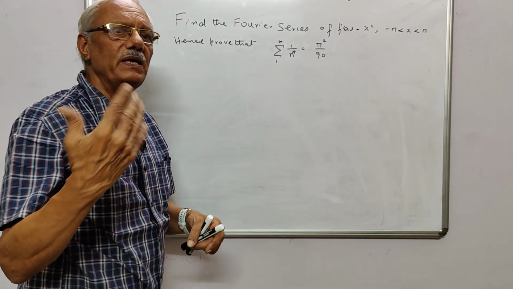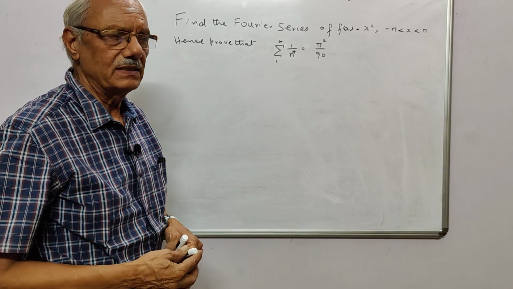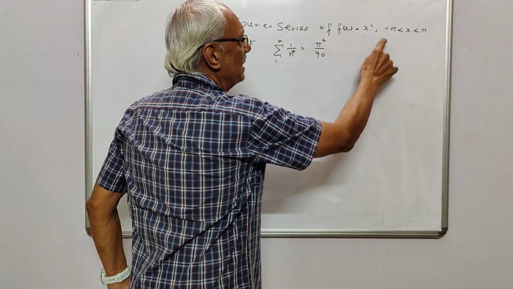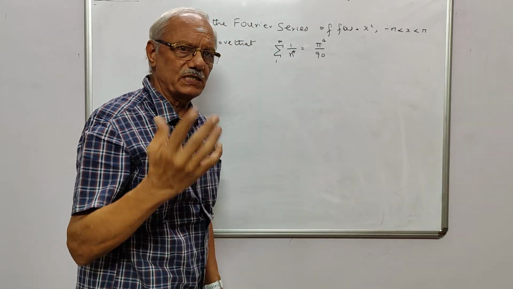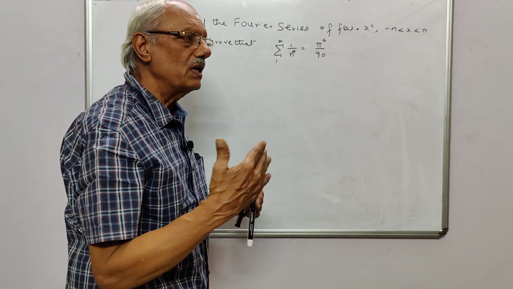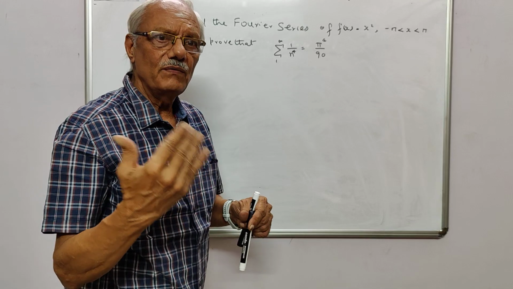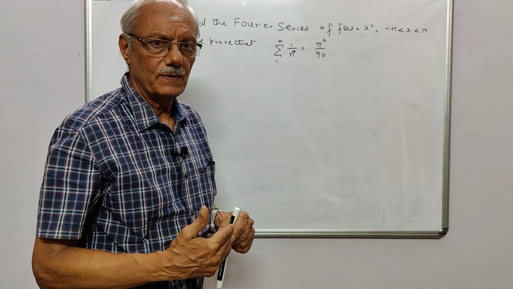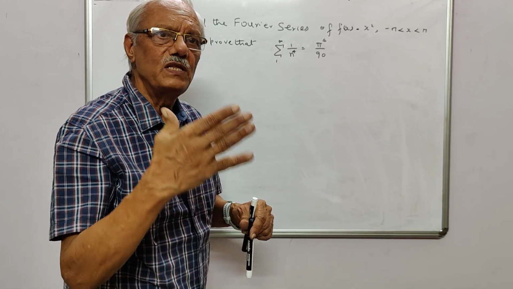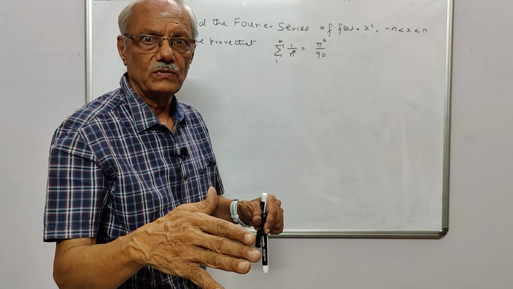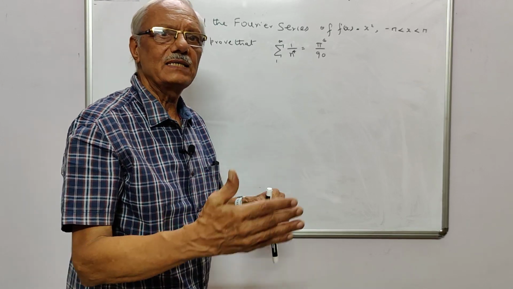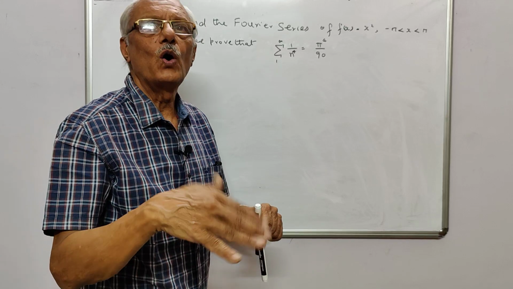As I have already explained in my earlier classes, whenever you come across a function defined in minus pi to plus pi or minus L to plus L, a general interval, you try to examine whether the given function is odd or even, and then decide whether any of the Fourier coefficients could be dropped, in the sense that the Fourier coefficients will become 0 according as the function f of x is odd or even.